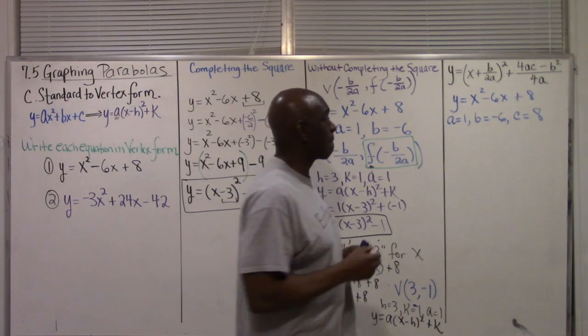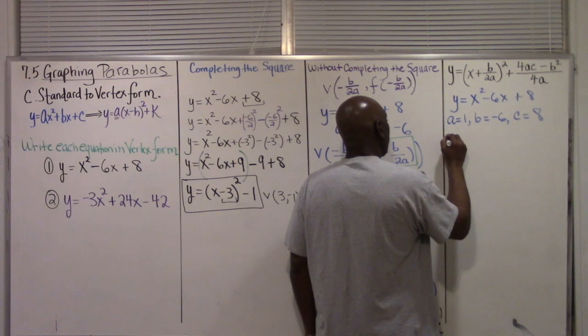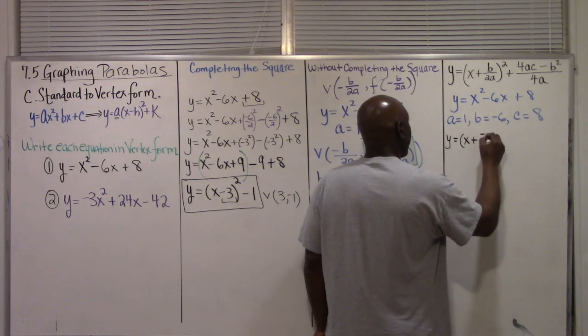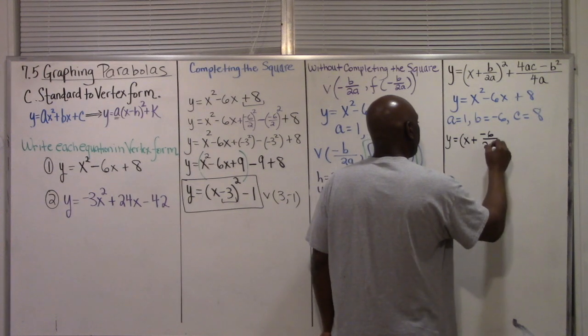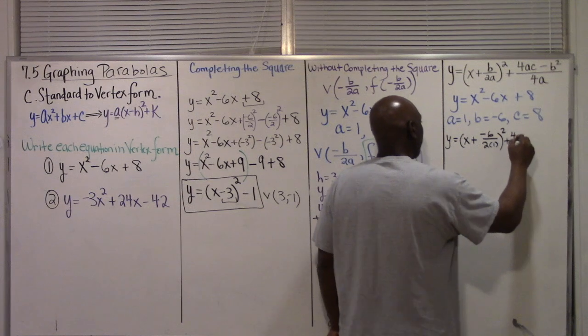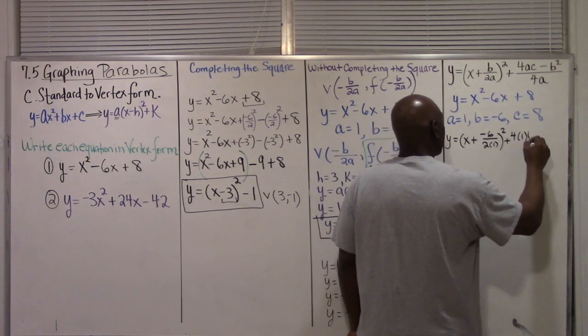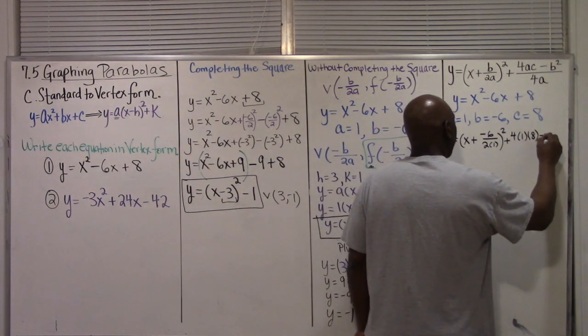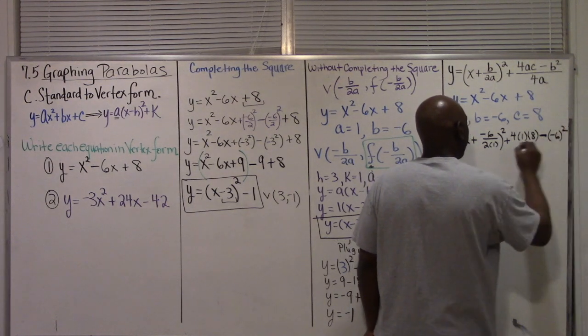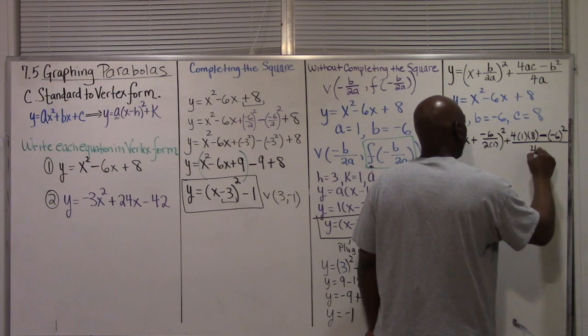Let's plug it in. So we're going to have y equal x plus negative 6 over 2 times 1 squared plus 4 times 1 times 8 minus negative 6 squared over 4 times 1.